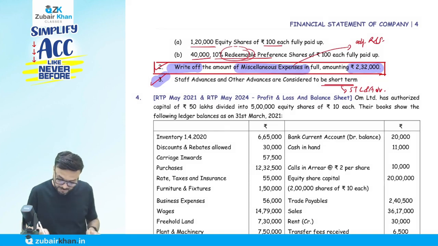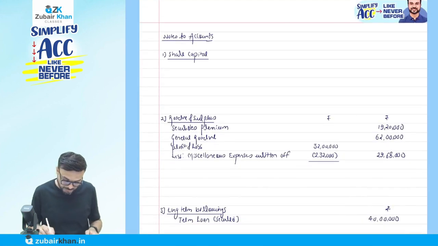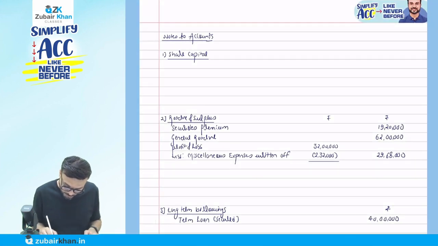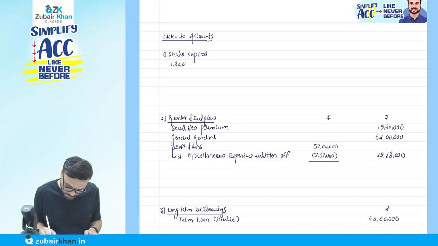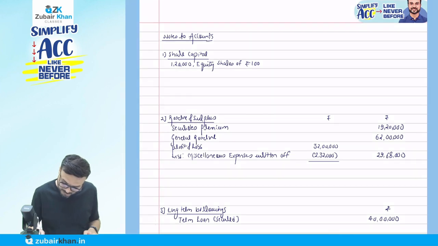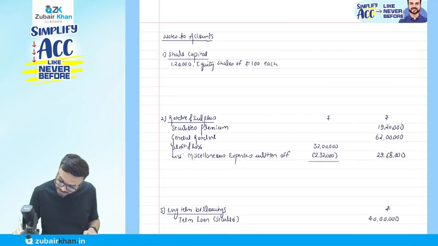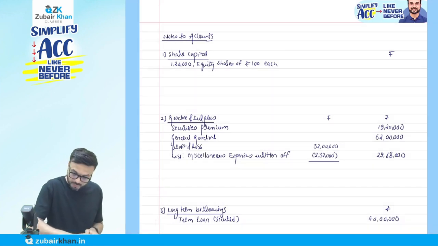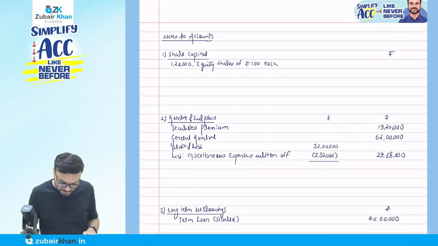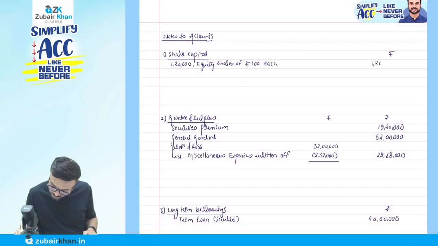Okay. Now write it down. Share capital. So here 1,20,000 equity shares of rupees 100 each. Okay, that is here how much? 1 crore 20 lakh.